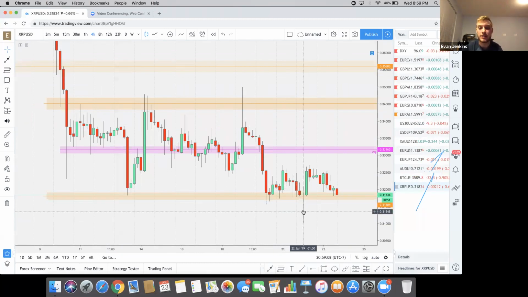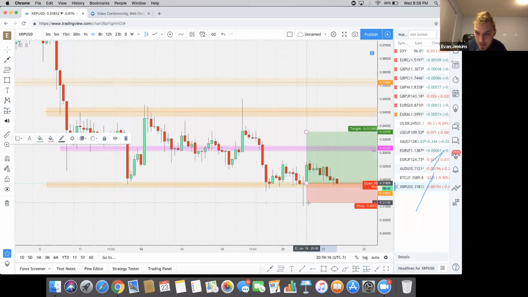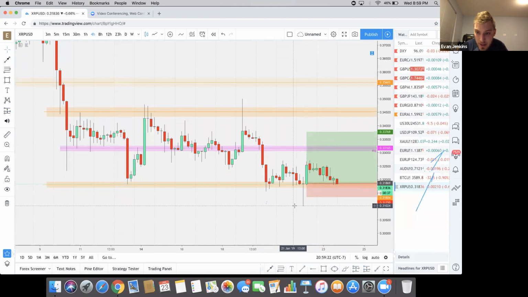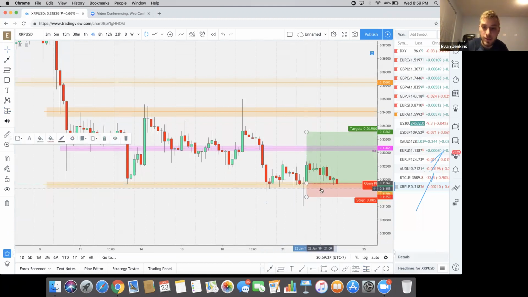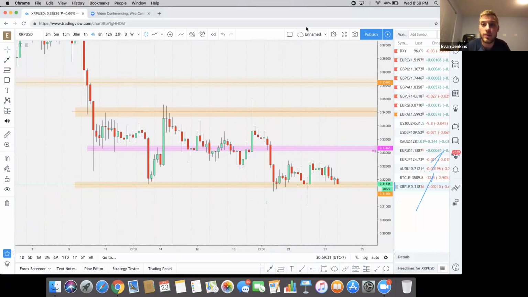I actually got caught in this stop hunt right here. I think my entry was right there, and my stop loss was at like 31, 35, I think. Yep. Kind of a bummer, so nothing I can really do. I followed my rules, used good risk management. So not really too bummed about that.